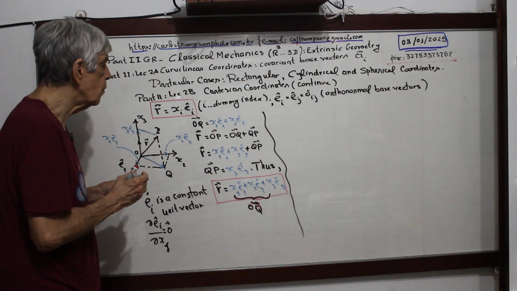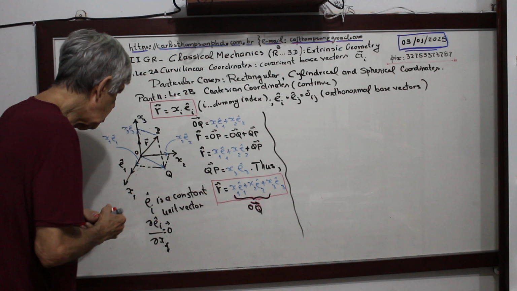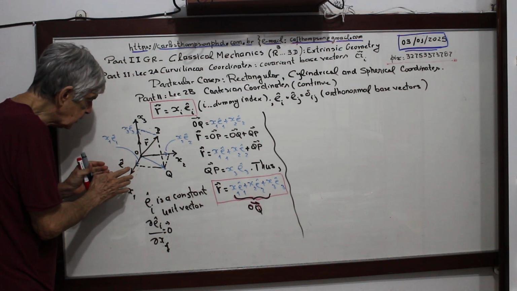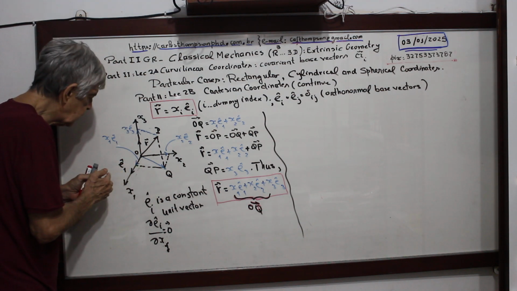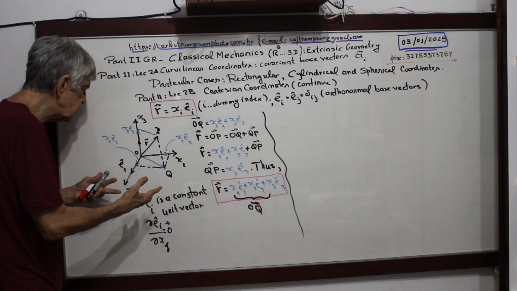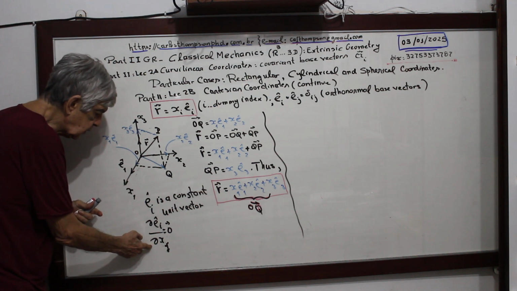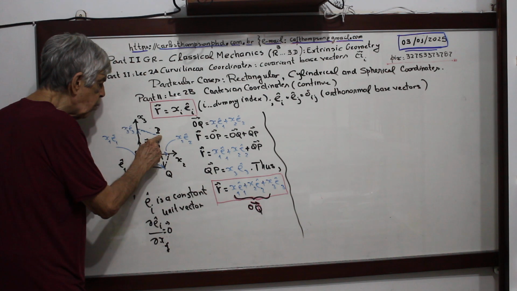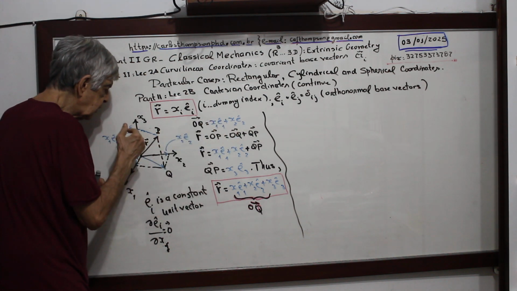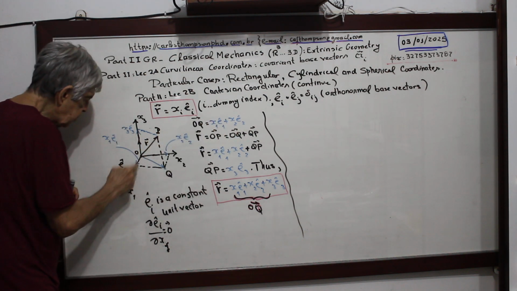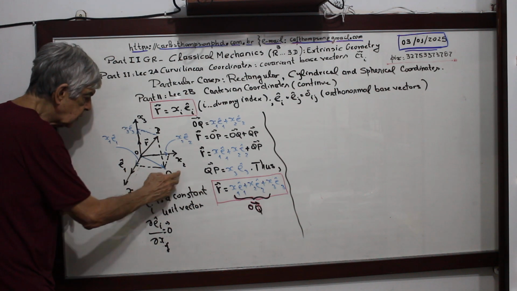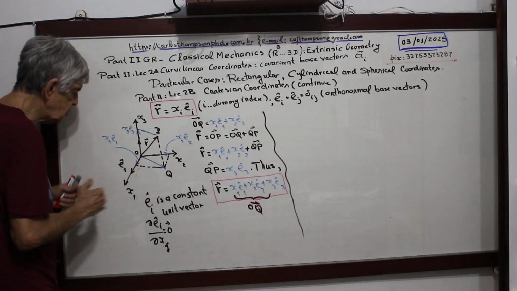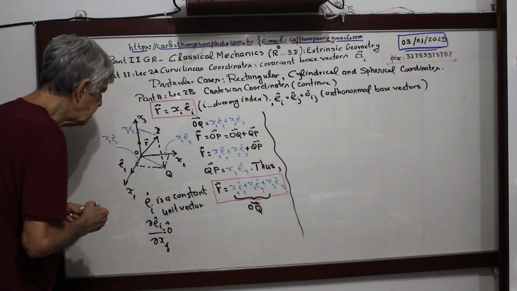It's quite simple. Now, the Cartesian base vectors, or rectangular base vectors, are constant. When you move from one point to another, these bases e1, e2, and e3 don't change.